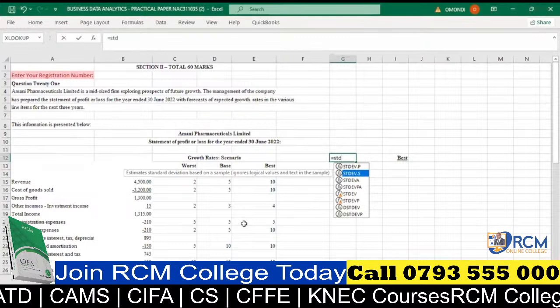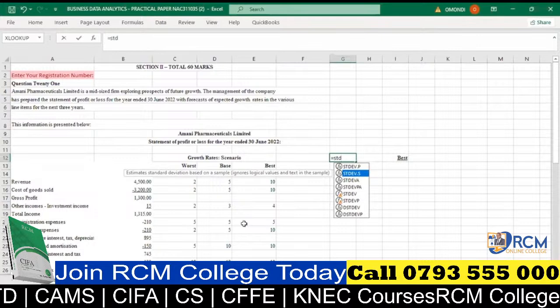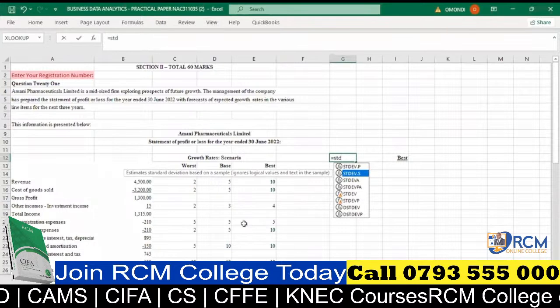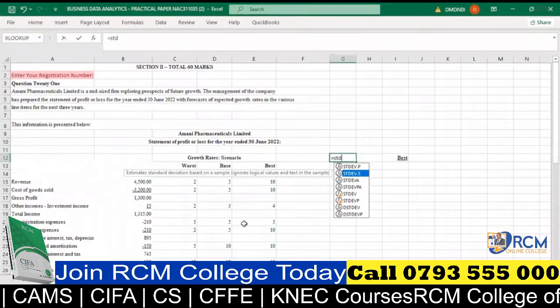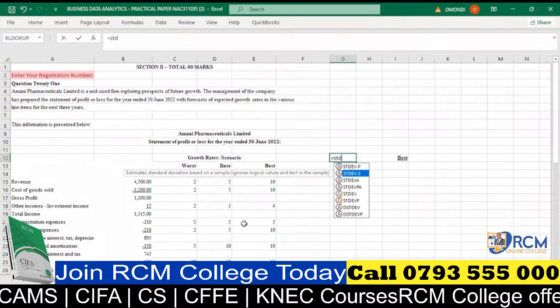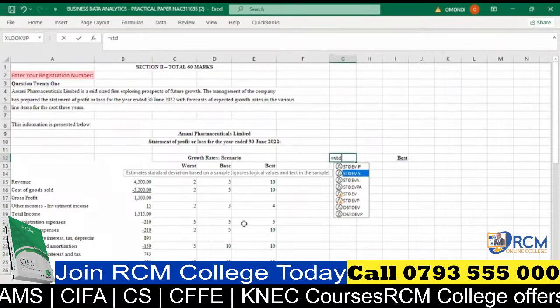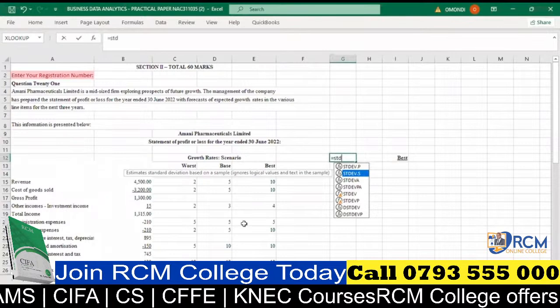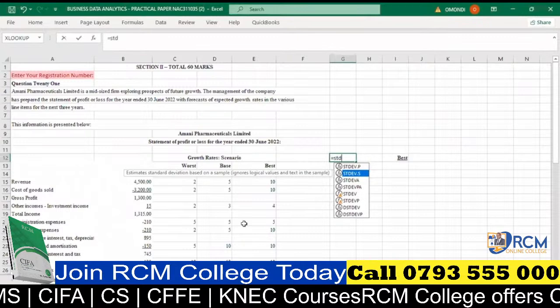So is that correct? Standard deviation S, that is Roman 2. Is that correct? Okay, some people are saying false, some people are saying yes. So we will see the version of the Excel which you have, which is giving you that. But I believe that is correct.